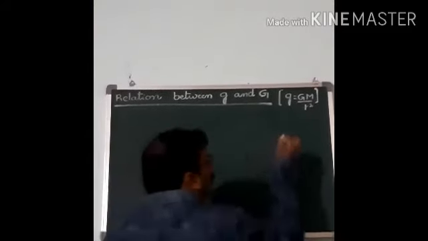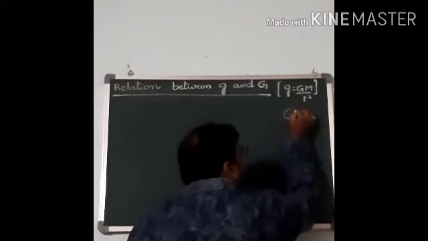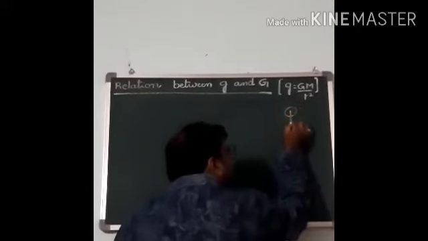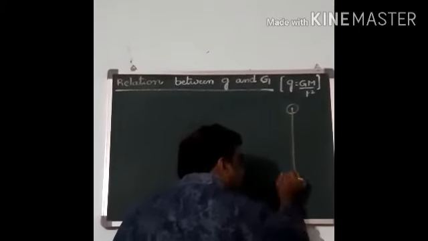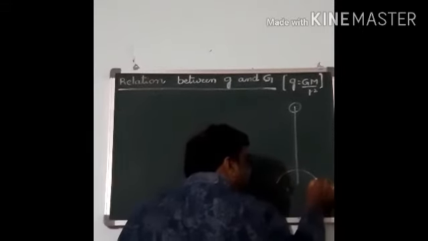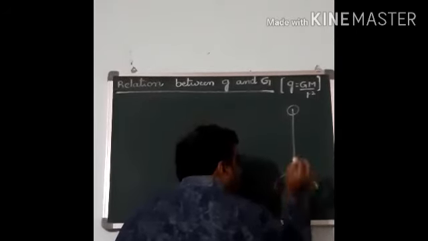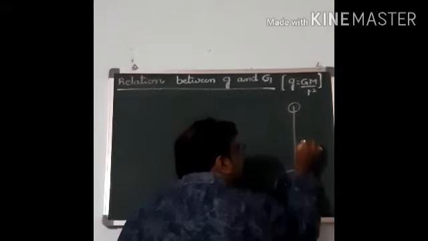So consider m, the mass of the object, separated from the center of earth with r distance.